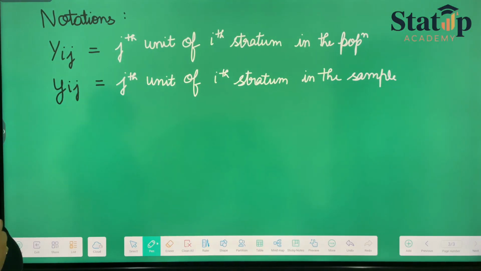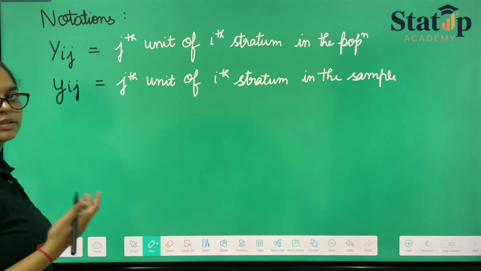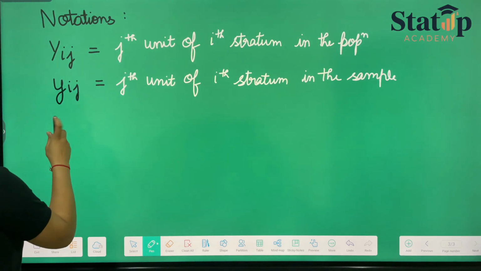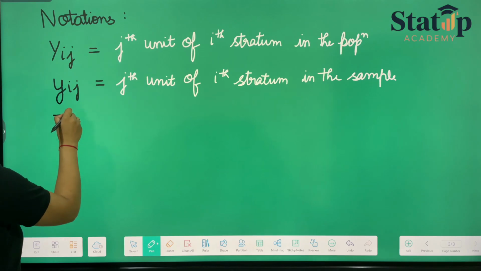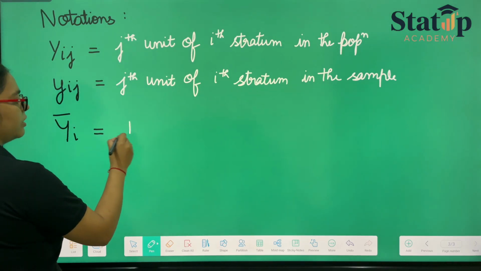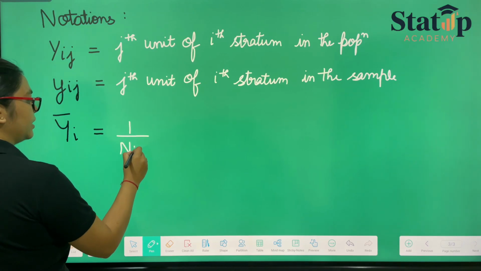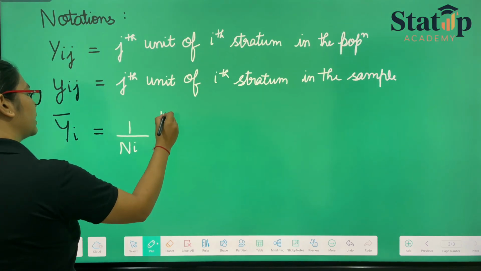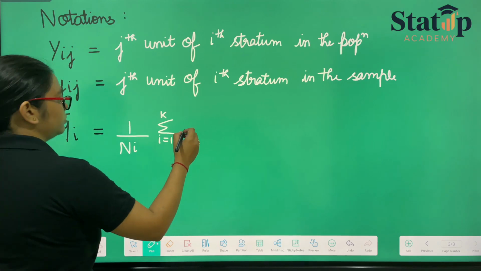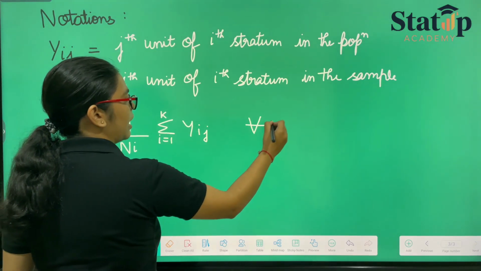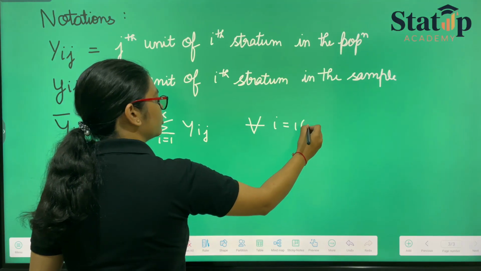Now the ith stratum mean, y bar I, is nothing but 1 upon capital Ni summation over j of Yij, for all i goes from 1 to k.